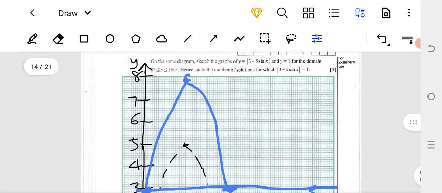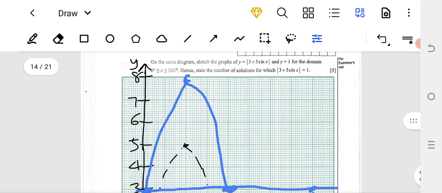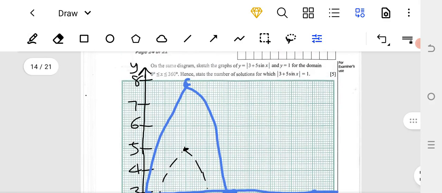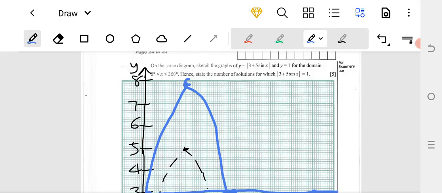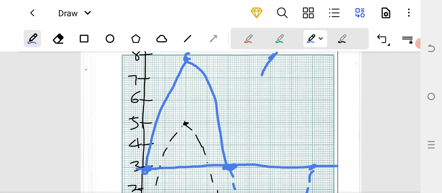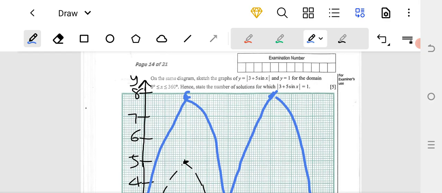So if we flip it, because that's what we do for modulus, it's going to come here and become like that.